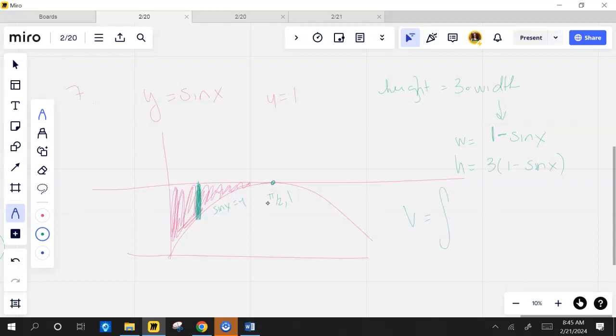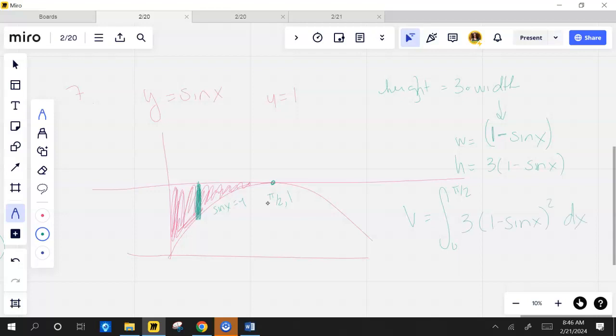I'm going to integrate from what to what? With respect to x, 0 to pi over 2. It's just going to be this times this, 3 times 1 minus sine x squared. That's exactly what I did.